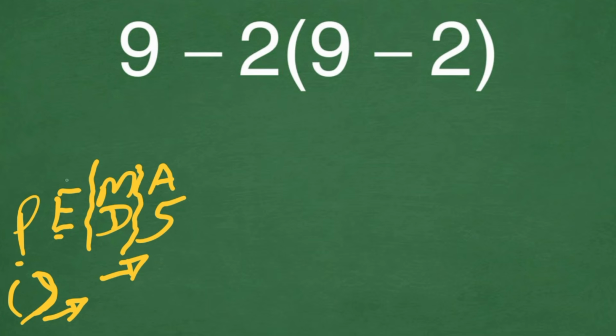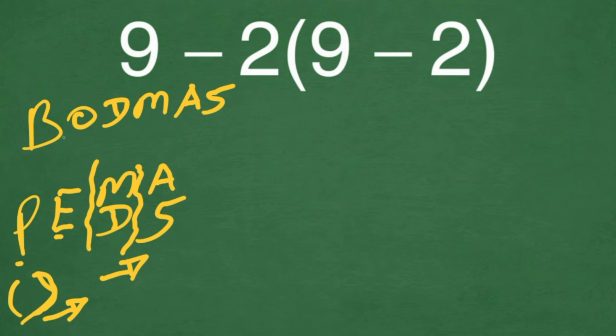Some of you may not recognize this pattern or this rule. Some of you are arguing in the comments, what about BODMAS? That is correct. BODMAS is the same idea. It's similar.